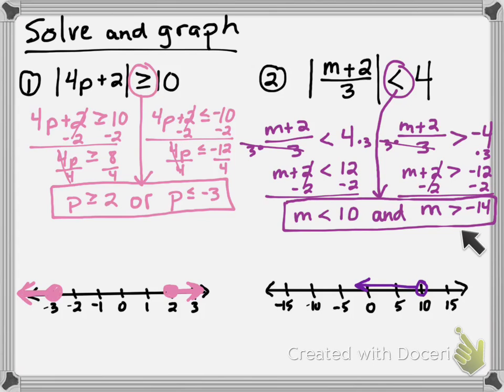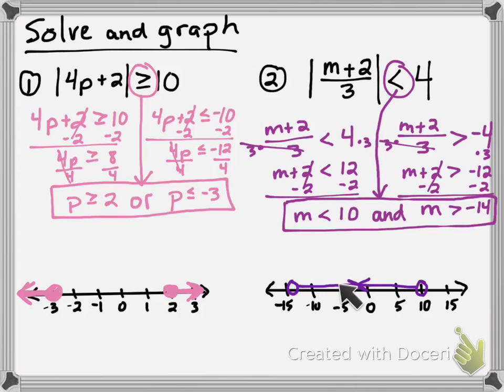Then the second inequality. M is greater than negative 14. So I find my negative 14. I leave it open since it can't be equal to. And since m is greater than negative 14, I'm pointing to the right. This is an AND statement, so I only keep where these two lines overlap.